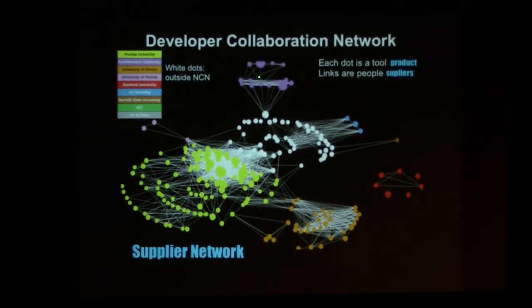Here's Northwestern. This is University of Florida early on. Stanford was sort of isolated, and they eventually left the network. The white dots are really cool, and those are people that come from the outside in general. So those are tools that are being contributed that are not formally affiliated with us. So you see actually the suppliers build networks, which is kind of interesting.